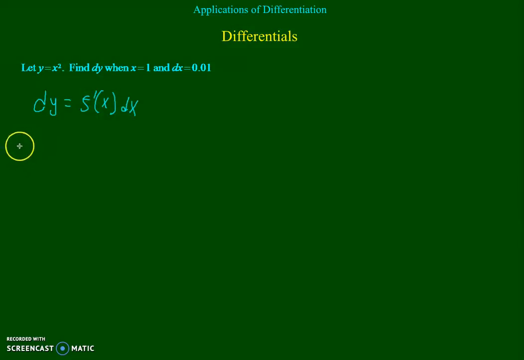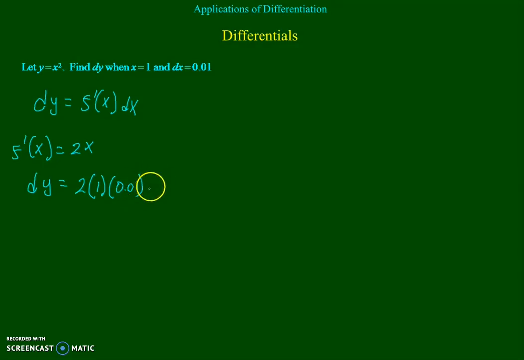So f prime of x is 2x, and so dy is 2 times x, which is 1, times dx, which is 0.01, which gives us approximately 0.02.